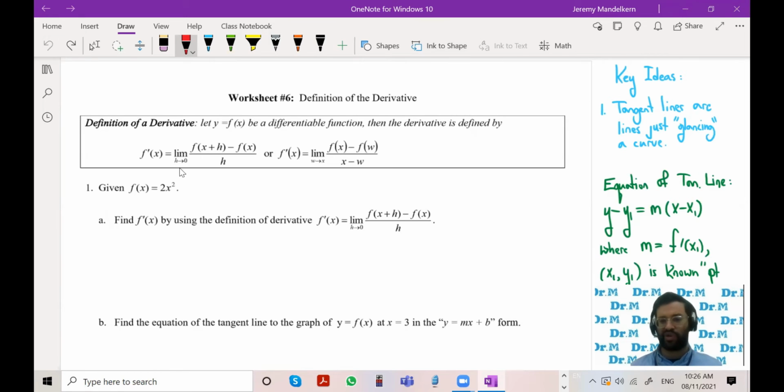This derivative is computed at the arbitrary x value x, hence the derivative function will be obtained, a function that for each input x value returns the slope of a tangent line to the graph of y equals f of x at the x value where we evaluated it, provided, of course, that this limit exists.